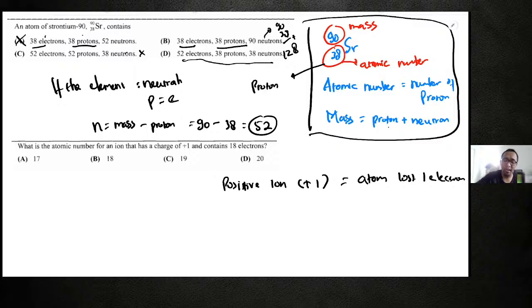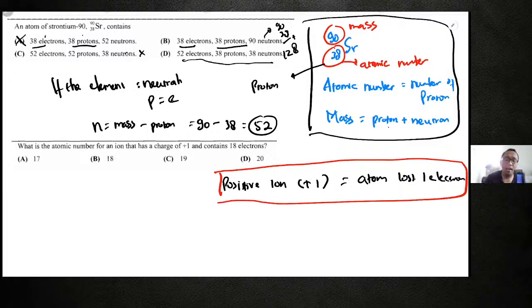Remember this concept: if the element has a positive charge, it indicates this atom lost one electron.